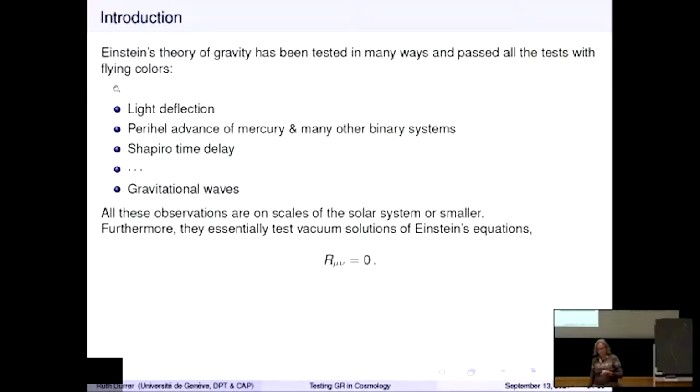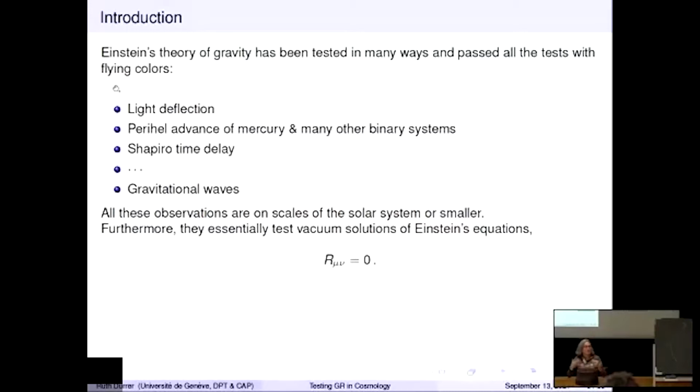However, first of all, these observations are typically on scales of the solar system or smaller. The objects which are used to test GR are usually black holes or heavy stars, but not much larger scales. Furthermore, they are all essentially tests of the vacuum equations.